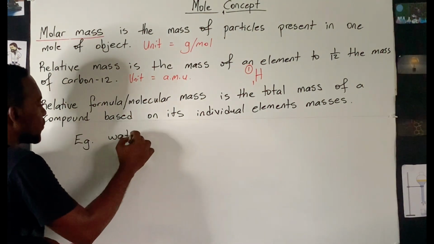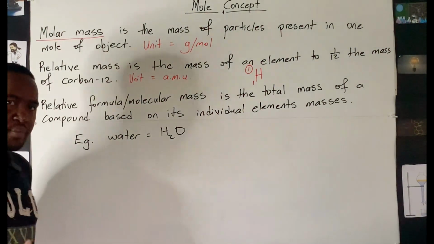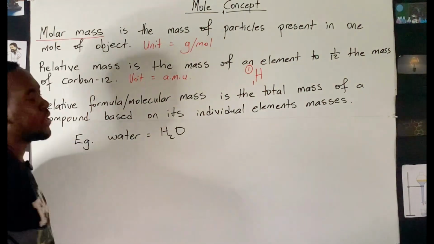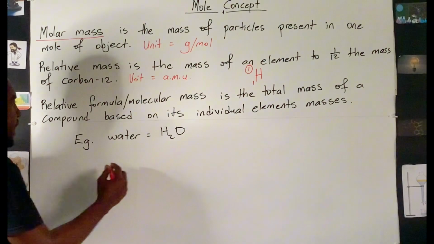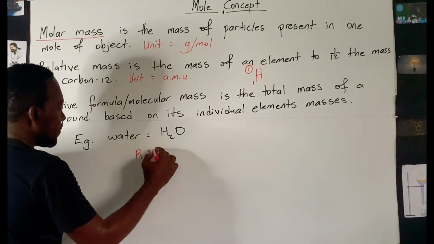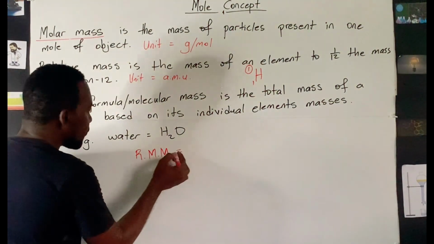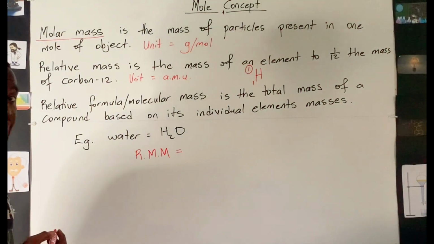And we know water's formula is H2O. From this formula, we see that we have 2 hydrogen combining with just one oxygen. Now, to find the relative molecular mass, what do we do? We first identify how many elements are there, right?